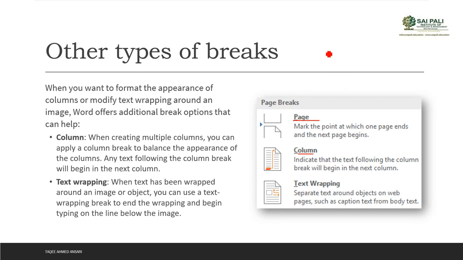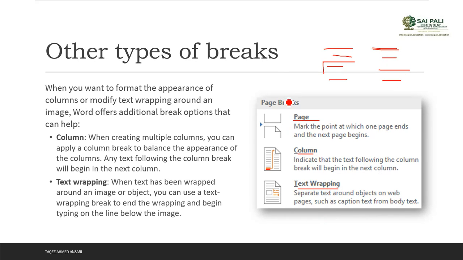That means if you are having a text like this, but I want to start the next column from here, so I can put the column break here. So this line will start from here. Then we have text wrapping option.